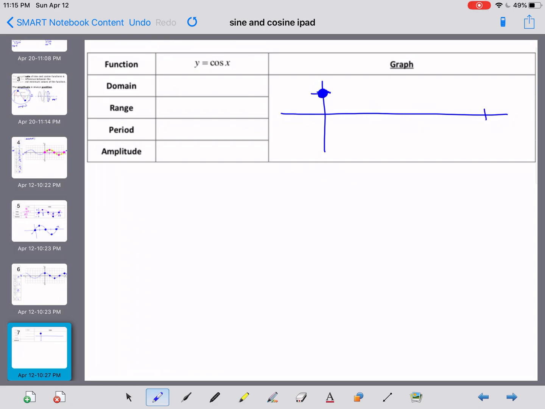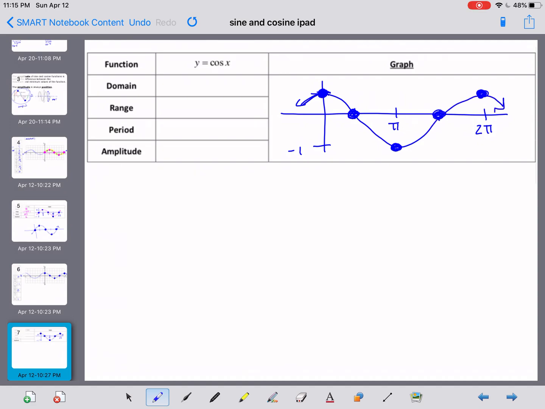The end is going to be at 2 pi, that also is up at 1. The midpoint of cosine goes down to -1. And then the 2 smaller midpoints are on that x-axis line. And so that's your parent function, one cycle of cosine, okay?